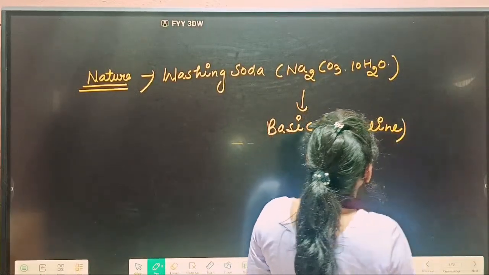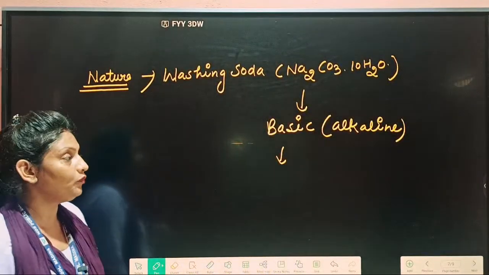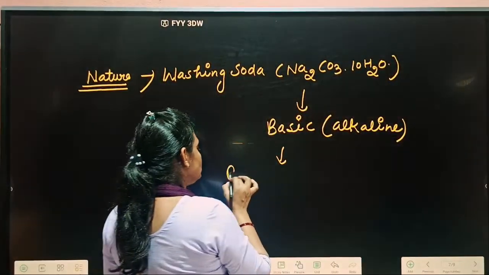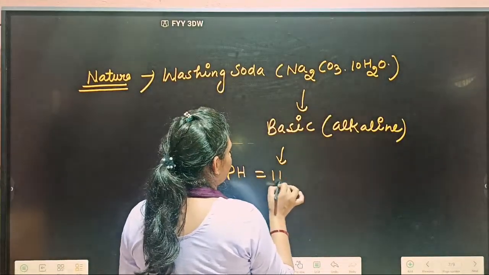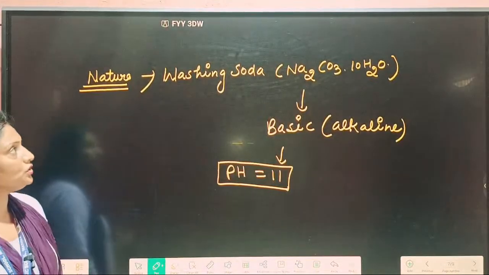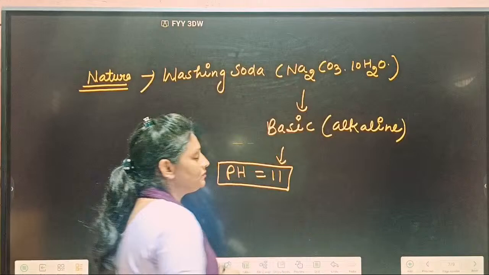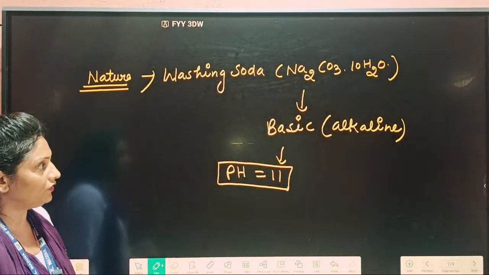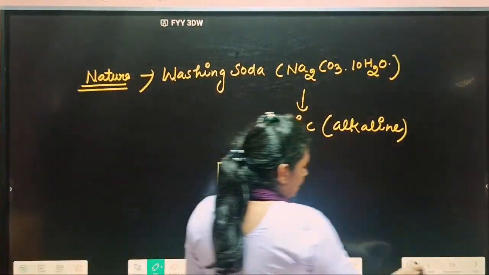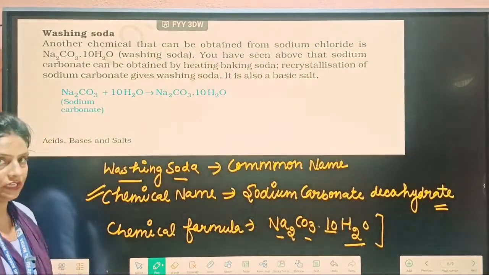If I talk about its pH, you know very well, bases have pH greater than 7. So its pH is around 11. So students, washing soda is basic in nature, it is alkaline, and it has pH around 11. These are the general points we should know about it.